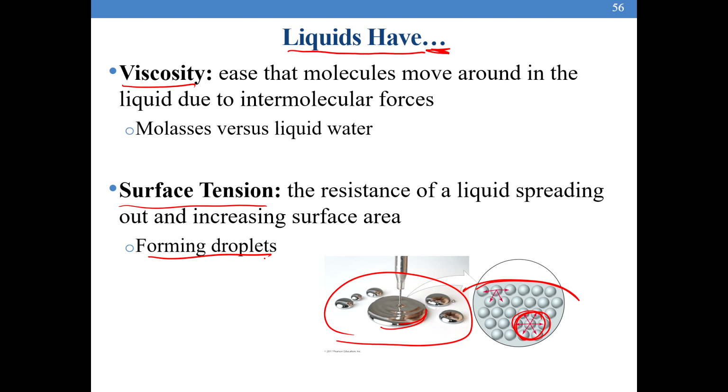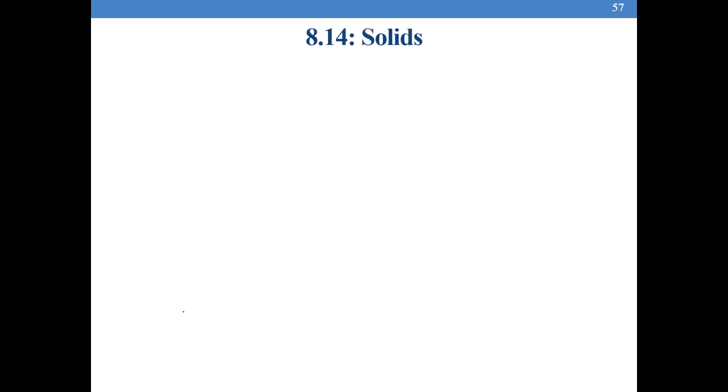Water does have some surface tension, and that's what allows insects to walk on water. It's also why water in a thin tube has that meniscus shape you read in the lab, and you always read the bottom of the meniscus. The fact that water is climbing up the edges is from surface tension.